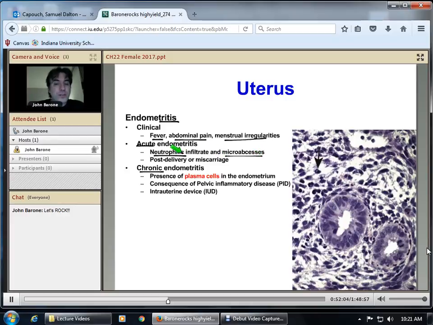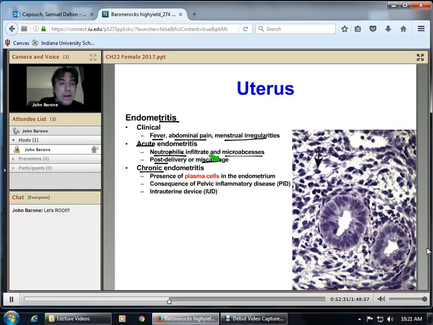Now, what is it usually due to? It's usually due to pelvic inflammatory disease. It's an STD on its way up. It's gonococcus, it's chlamydia, it's pelvic inflammatory disease. Now, risk factors for it are after delivery or after miscarriage. Because after you deliver, there are often little pieces of retained placenta.